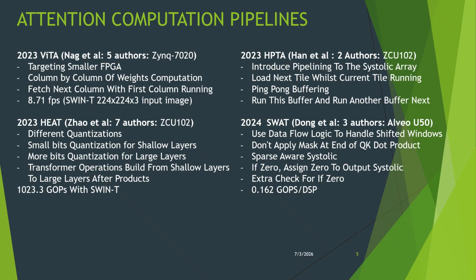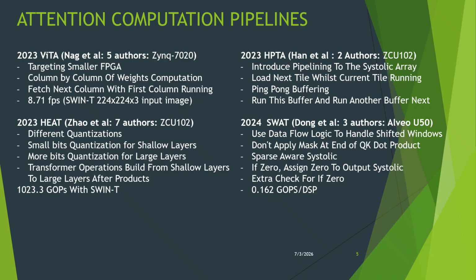ViDA uses the same board that we are using, and talks about column by column computations: fetch the next column while the first column is running, process it column by column because we are using a small FPGA. HEAT talks about different quantizations, using more bits for large layers and fewer bits for shallow layers.